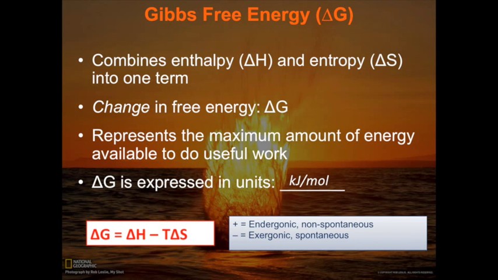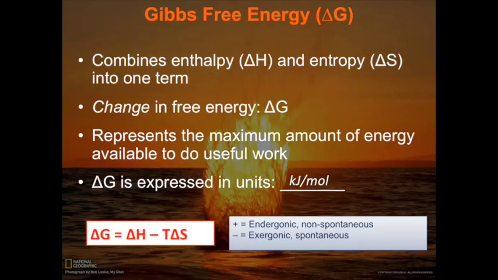The way that we do that is to adhere to the two laws of thermodynamics. We express these laws in terms of Gibbs free energy. This is an expression that takes into account enthalpy and entropy, which describe the two laws of thermodynamics.